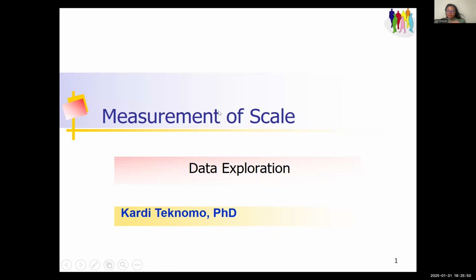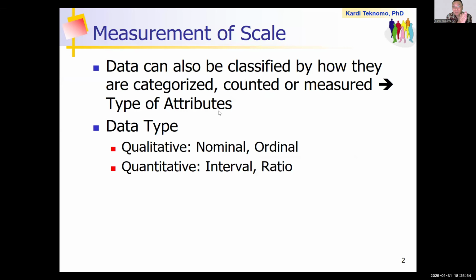So if you have data, we can classify the data into two categories: qualitative and quantitative. In qualitative data, we have what is called nominal and ordinal. In quantitative, we have interval and ratio. So this is the common way to distinguish data type.